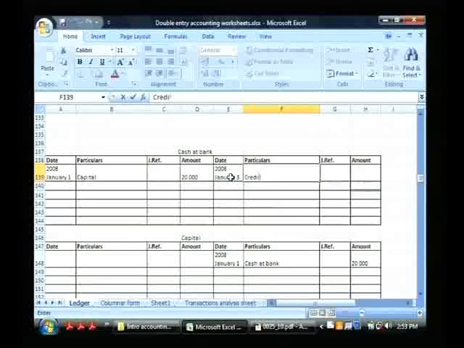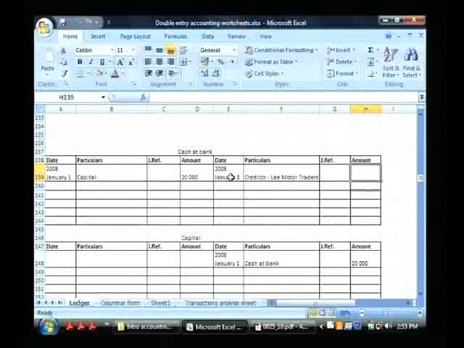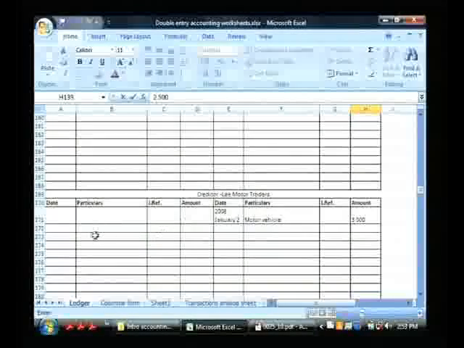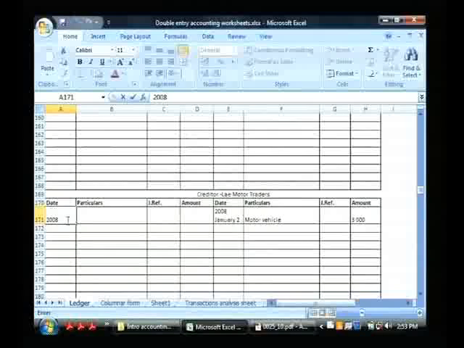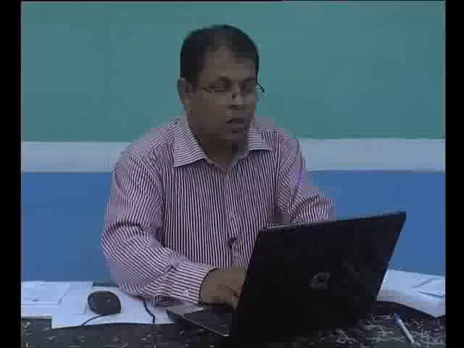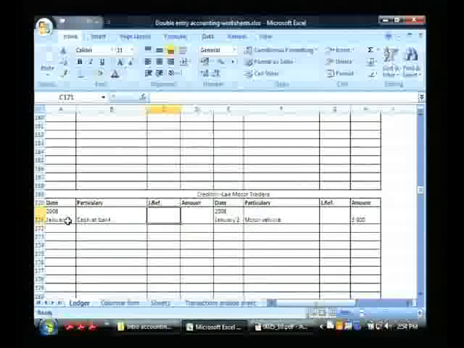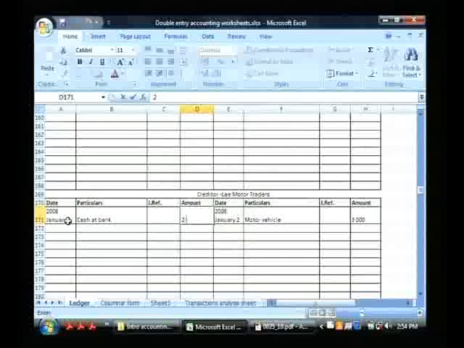Creditor Lay Motor Traders, 2,500 paid, and Lay Motor Traders 2008 here. Cash at bank, amount paid is 2,500.